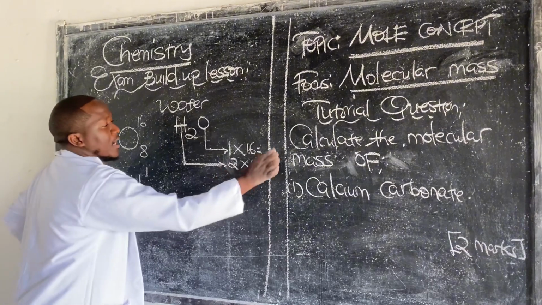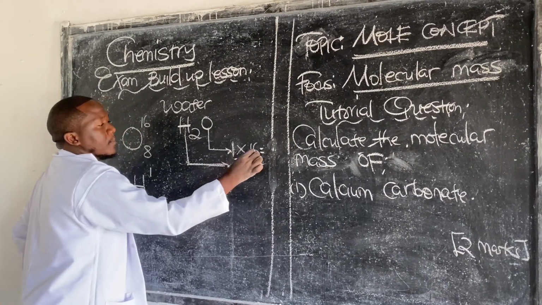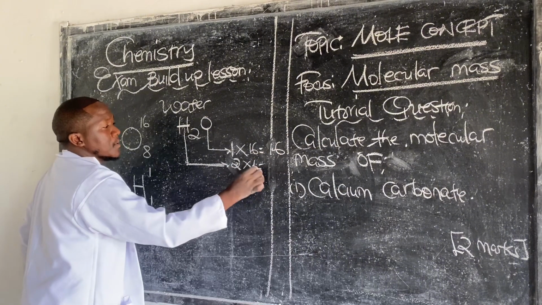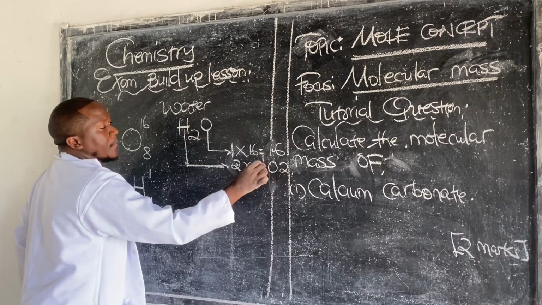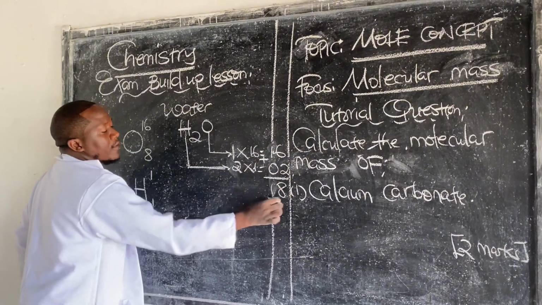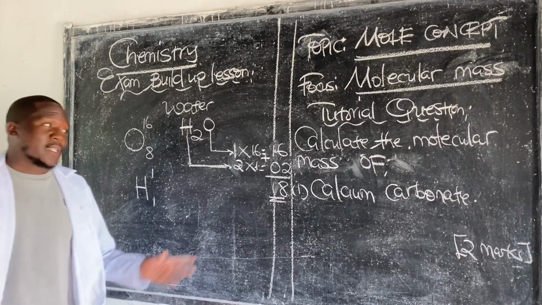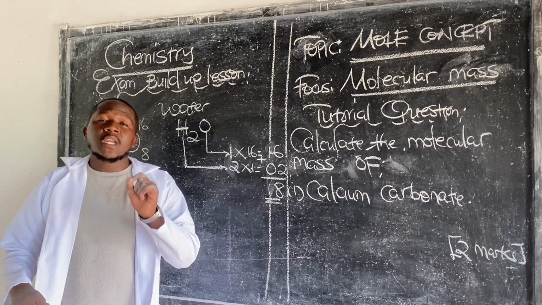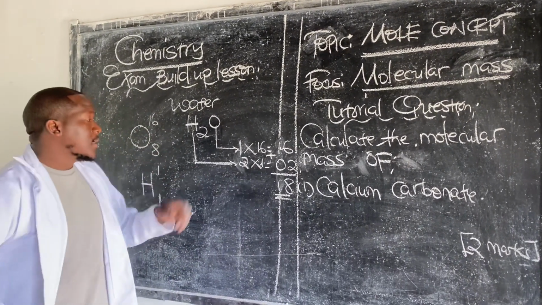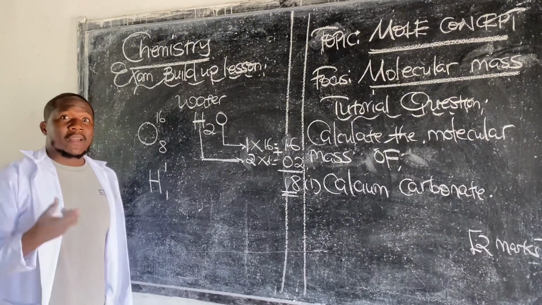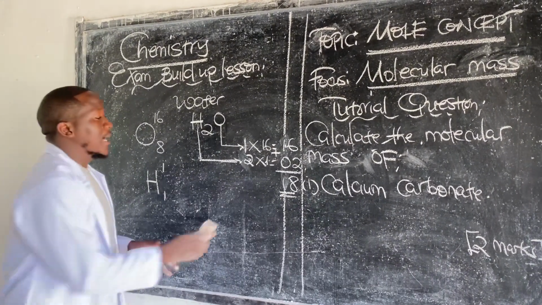So 1 times 16 is 16. 2 times 1 gives us 2. If we add, this is going to give us 18, either just 18 or 18 grams per mole.